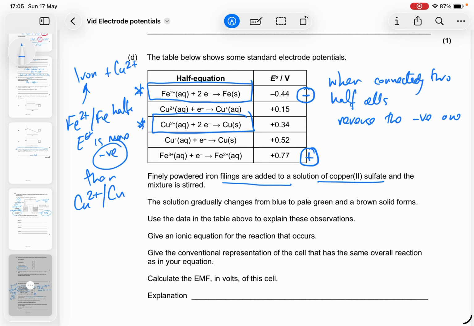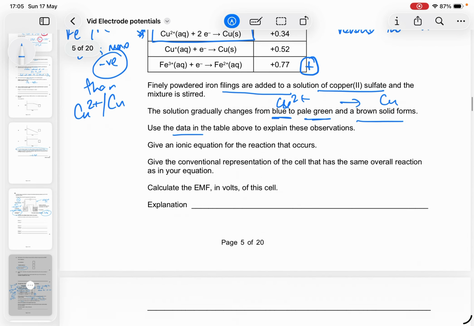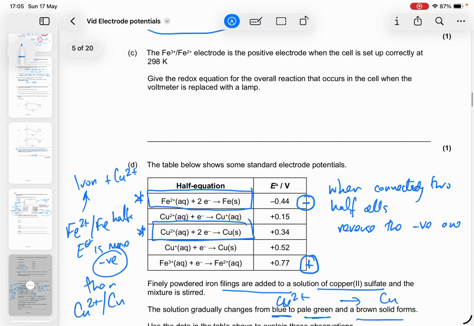Now let's look at the question in front of you. The solution changes from blue to pale green and brown. In other words, it's going from copper 2 plus to copper. Use the data in the table above to explain these observations. Give an ionic equation for the reaction occurring in this case.